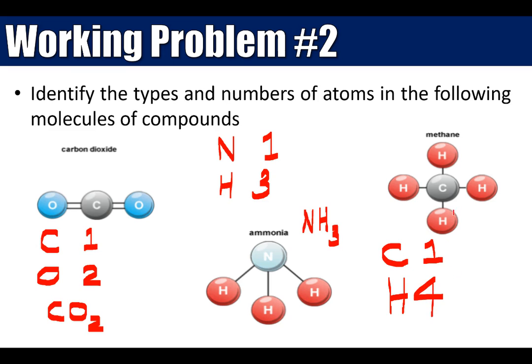So your formula, because this is a central atom that joins all of these hydrogen atoms together, we write it as C, H, and also 4. Okay, that is working problem number 2. If you're lost, you can actually rewind this particular video and you'll be able to know what is going on. Okay.